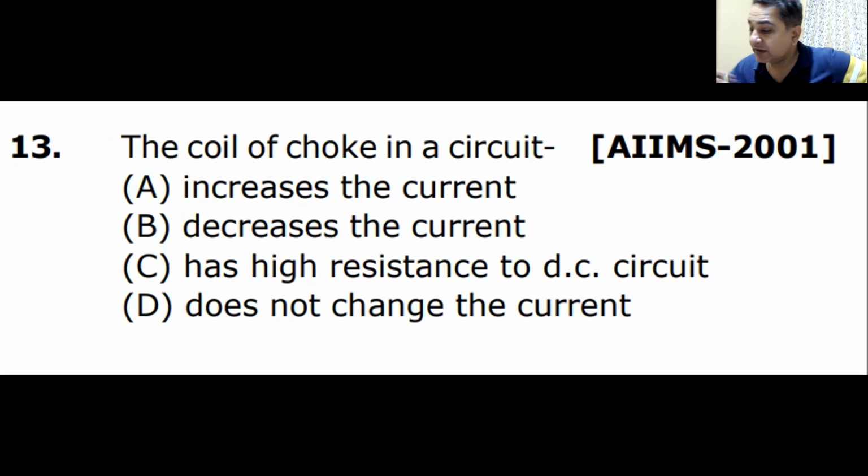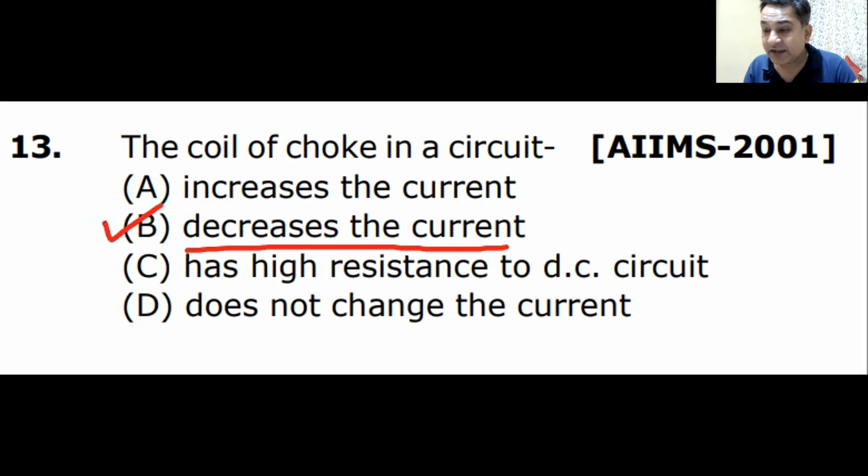The answer is that any choke you put decreases the current; it regulates the current. So remember these points. As I told you, most of the questions you will find are simple, straightforward ones based on knowledge.